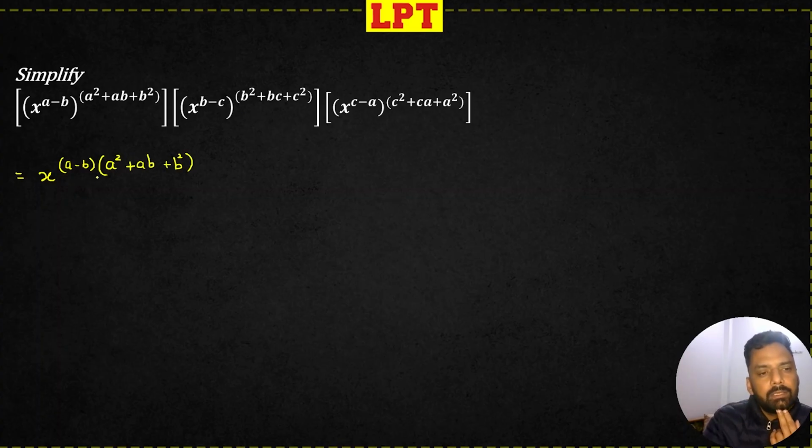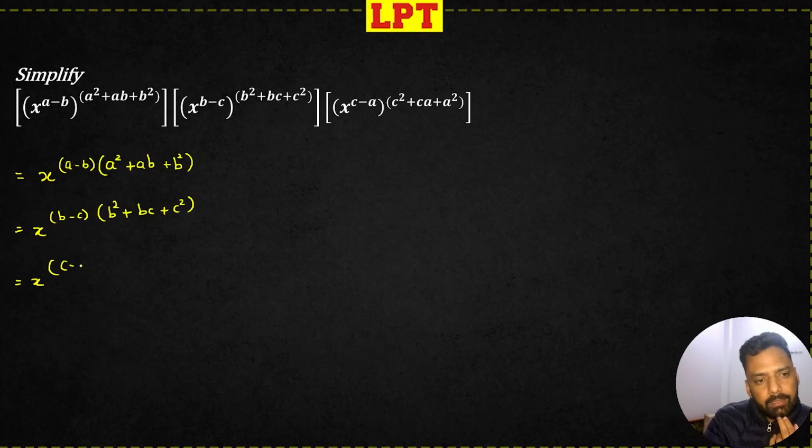Okay. The second situation is x to the power b minus c into b square plus bc plus c square. The third situation is x to the power c minus a, c square plus ac plus a square.